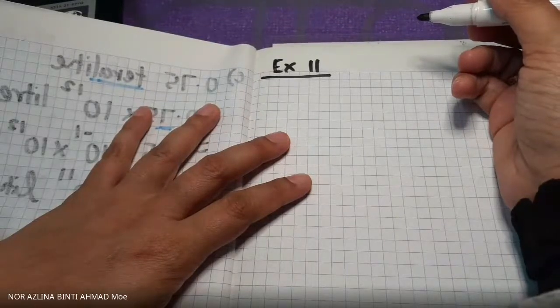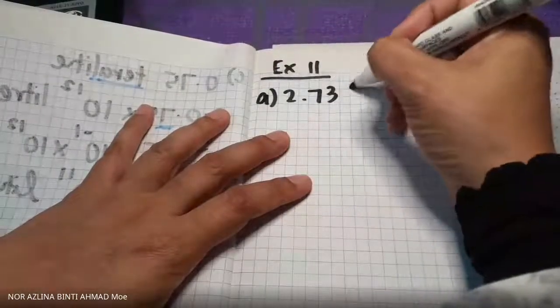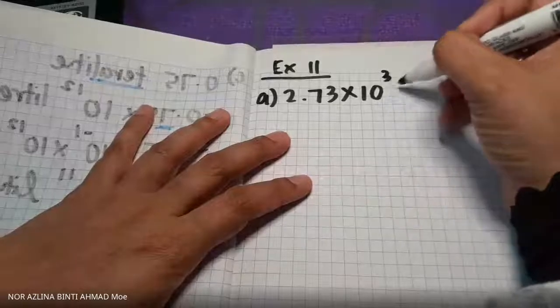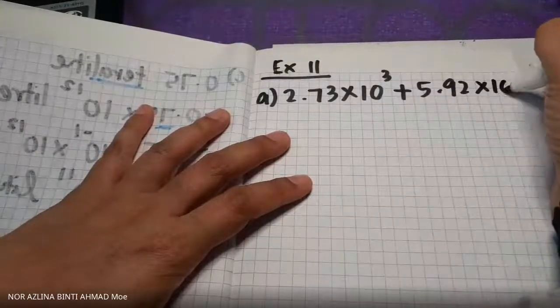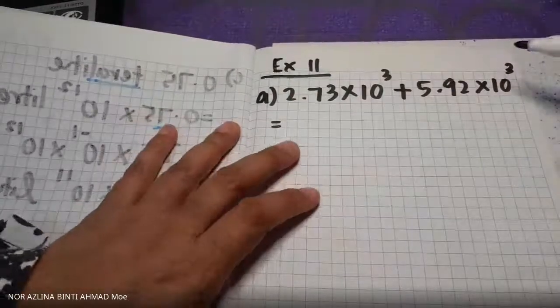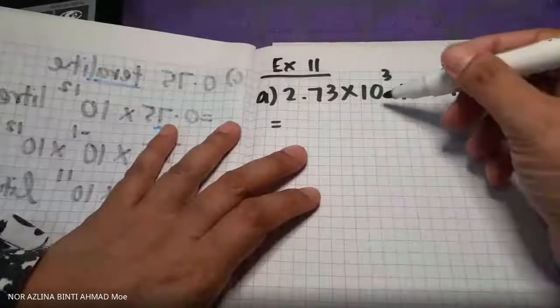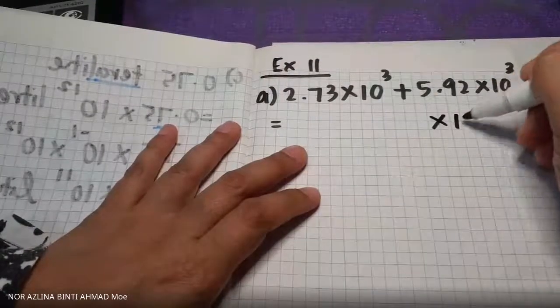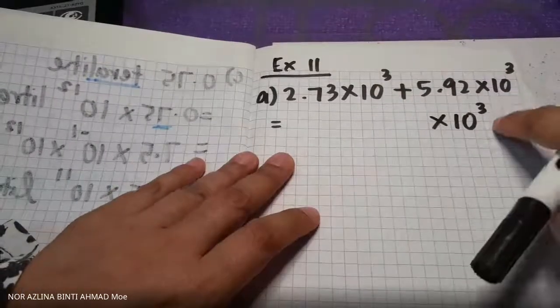State your answer in standard form. So 2.73 multiply 10 to the power of 3 plus 5.92 times 10 to the power of 3. Okay, this is multiplication. What is the index? The index is 10 to the power of 3. Okay, yang sama. Kita ambil yang sama. The same index, so 10 to the power of 3.